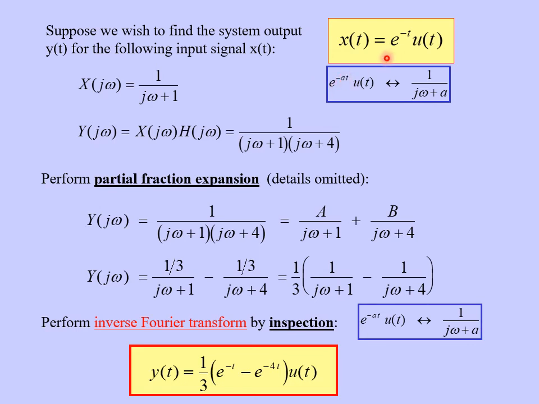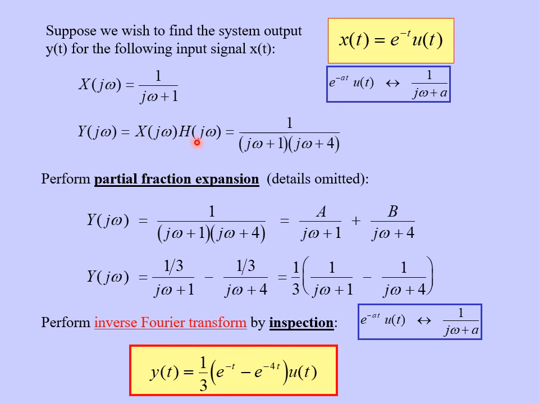So anyway, just by inspection, I can see that this signal here for x of t has the following transform, X of j omega, because by inspection, it looks like a here is 1. There's a minus 1t, so that a is a 1, this a here is a 1, which gives us this form.